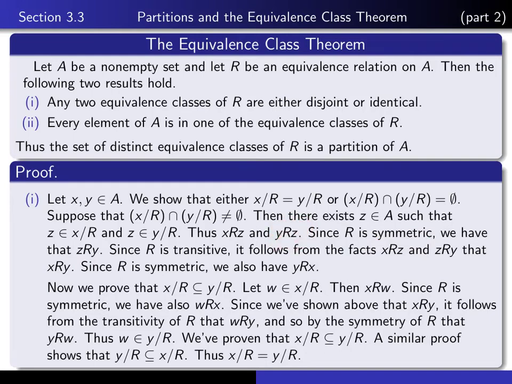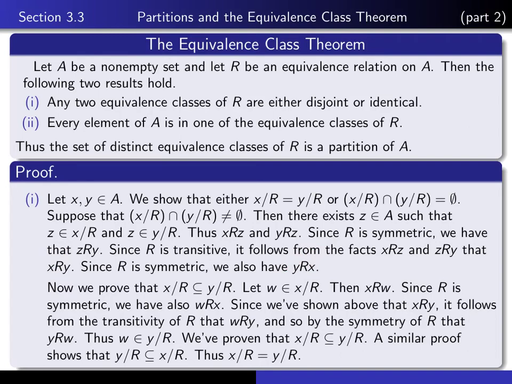And so now we've got X is related to Z, Z is related to Y, so by transitivity, it follows that X is related to Y. And then again, by symmetry, Y is also related to X.